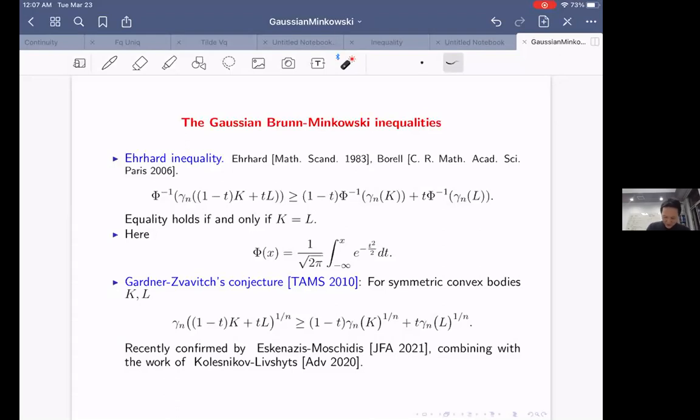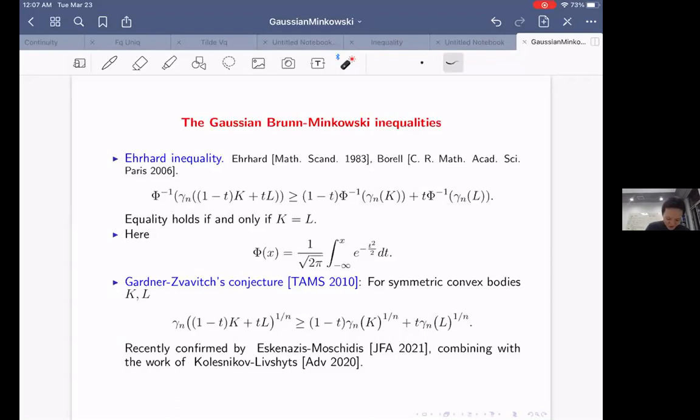Actually, in the classical setting, if we have the classical Brunn-Minkowski inequality, then we will get the uniqueness of the solution of the Minkowski problem. That is because of the homogeneity, right, in the classical setting.